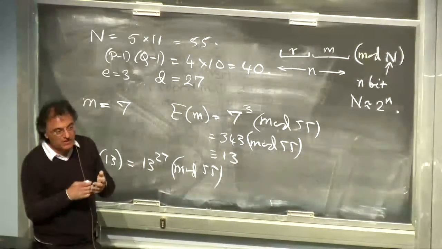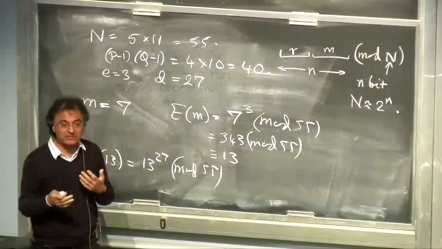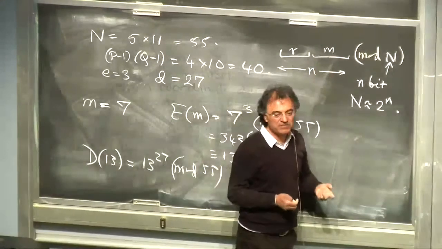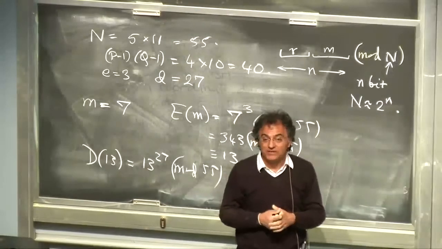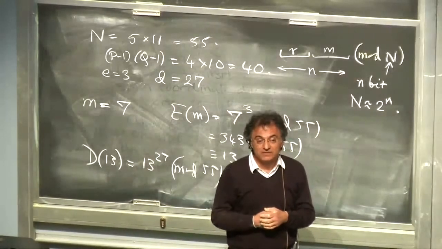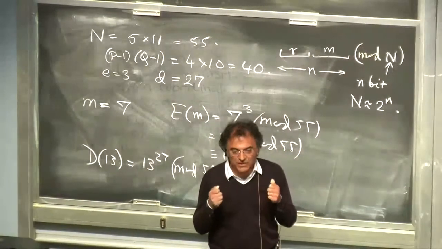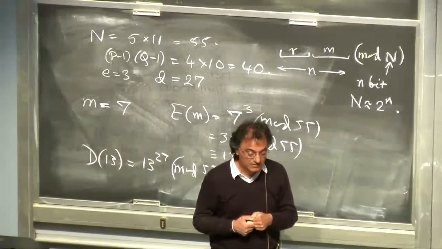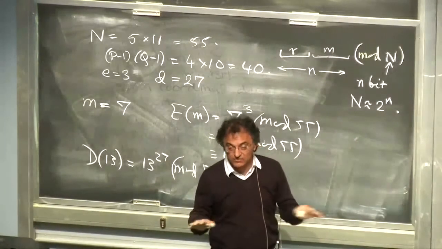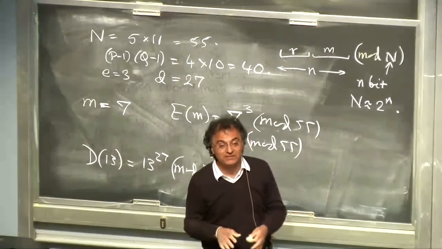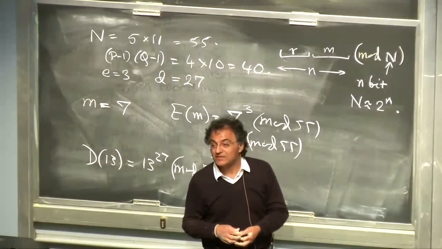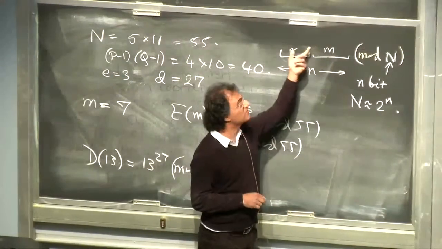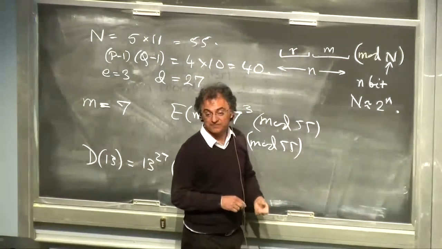It's not just when you have the same message, but when you have related messages. The question is, what if M happened to be some special character? For example, suppose you were trying to send the message 0 or 1, just a 1-bit message. You're trying to send instructions, do it or don't do it, buy or don't buy. What if you just did the encryption without this random string?